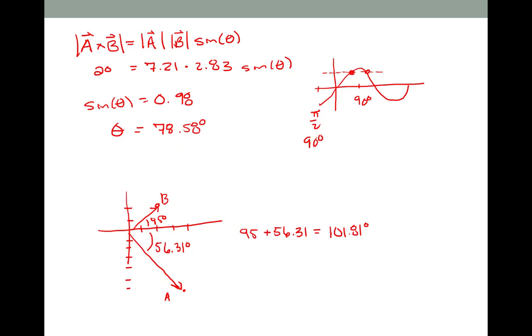And to get from 78.58 to this angle, you need to first subtract 78.58 from 90, which works out to be 11.42.